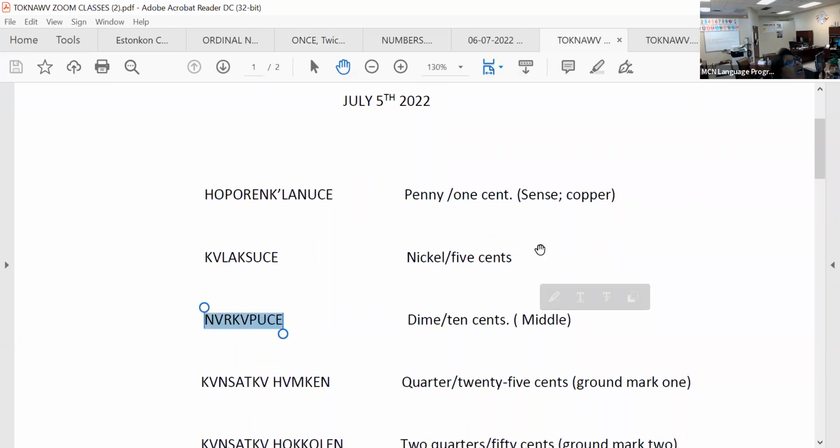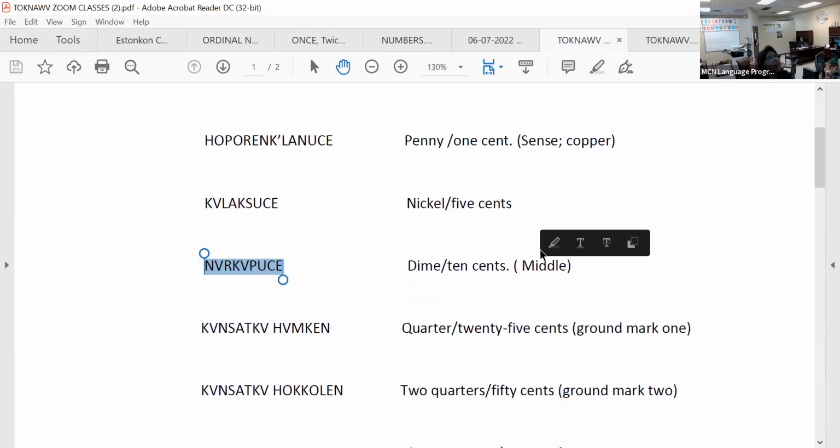1 cent, a penny. We're going to learn about money. Everybody wants to learn about money. I wonder why. Hobo thinga lanoji is a penny. It means cents. Cents is hobo thinga, and copper is lanoji. Remember now, these are all descriptive words.